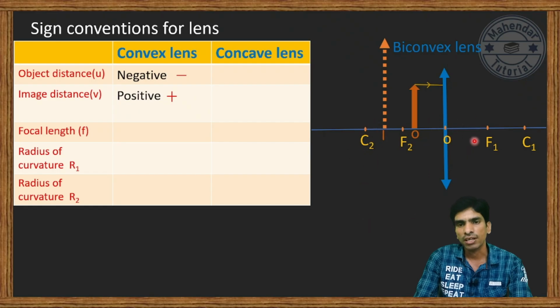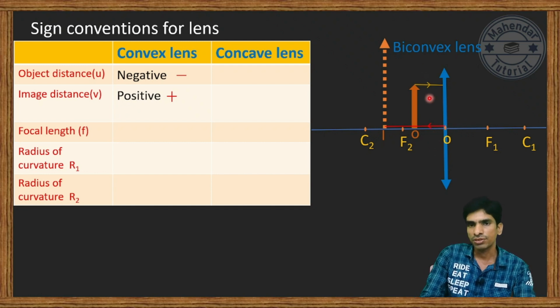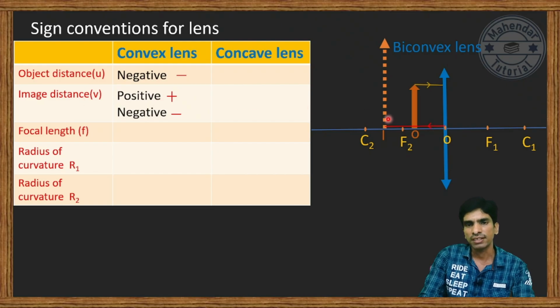Now we have to start measuring the image distance from O to I towards the left side. So the direction of measurement is opposite to the incident light. So in this case we take image distance as negative. So you have to understand that when a real image is formed, the image distance is positive. When a virtual image is formed, the image distance is negative.